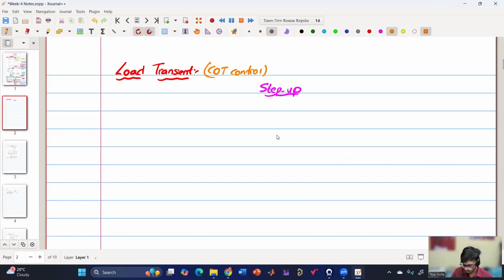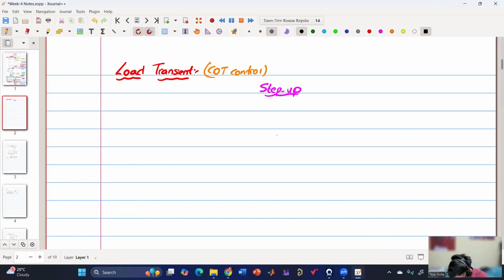we have a load transient. First I am considering step up. So this is spot control, which can be voltage mode or current mode, but the working remains the same.